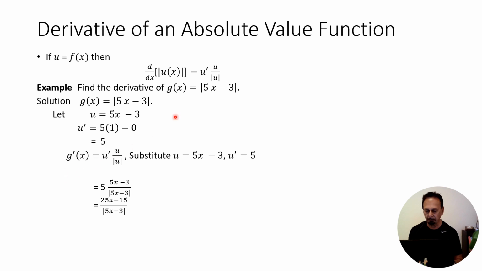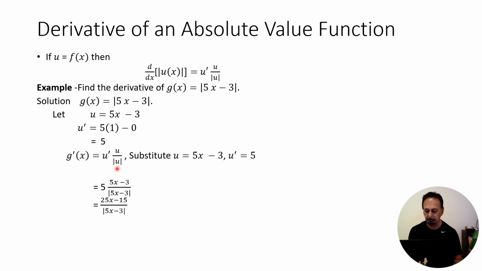Now g prime of this given function is equal to u prime times u over the absolute value of u, and that came from this formula. Now we just substitute u equals 5x minus 3, and the u prime we just found, which equals 5.